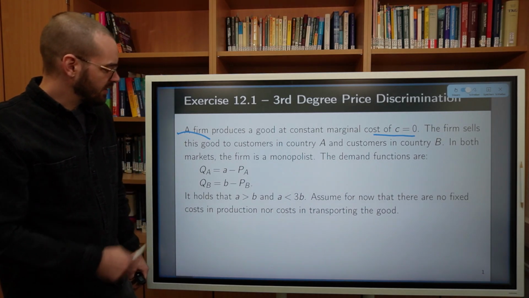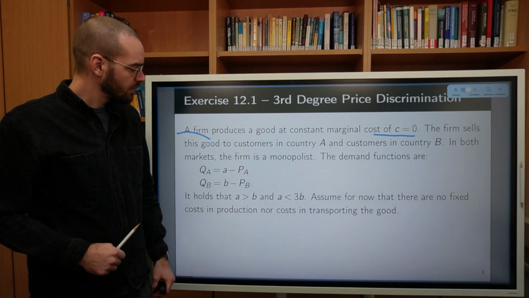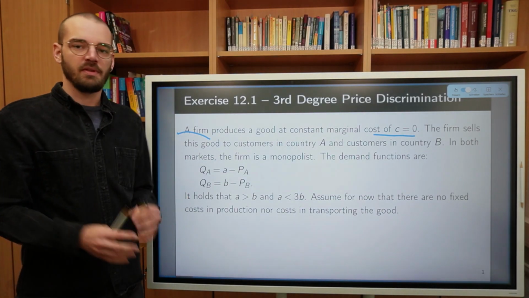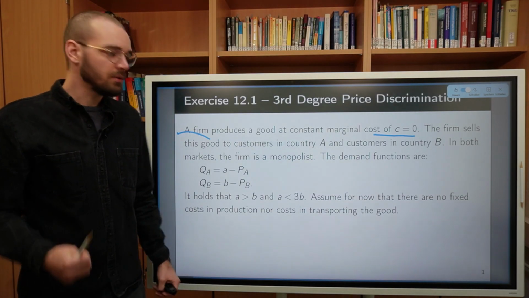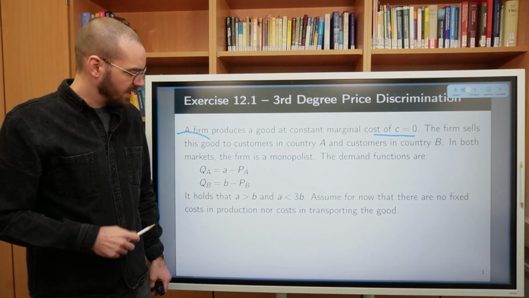The first demand function, Q_A, reads A minus P_A. And the demand function for the second market, market B, reads Q_B equals B minus P_B.